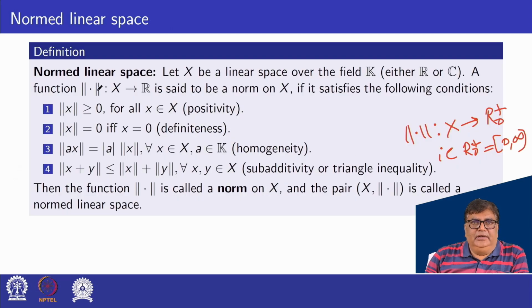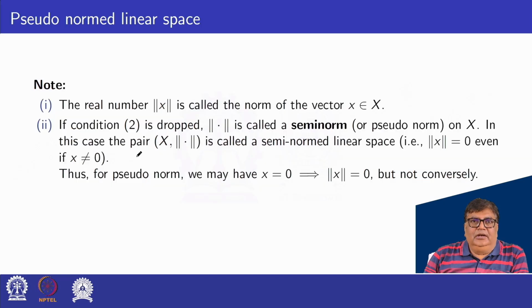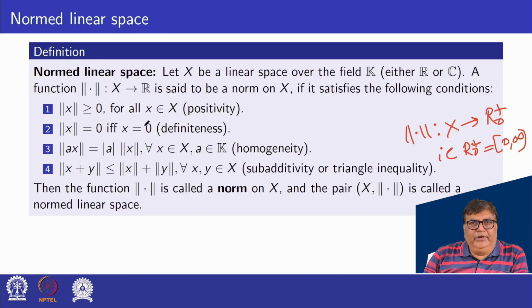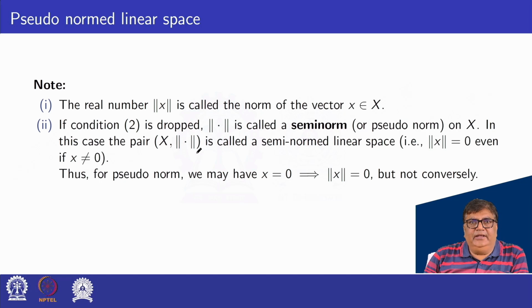Why? Because here small x is an element of X and the mapping, known as ‖x‖, is an element of R, that is, R0 plus. If we drop the second condition and the other conditions are satisfied as they are, the second condition can be written as ‖x‖ is equal to 0 even if x is not equal to 0.